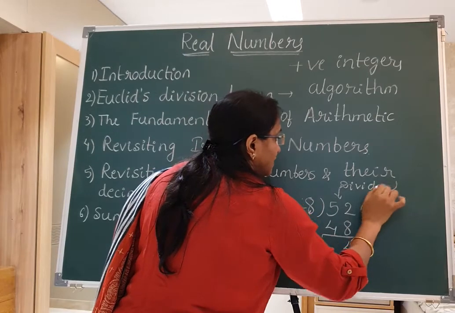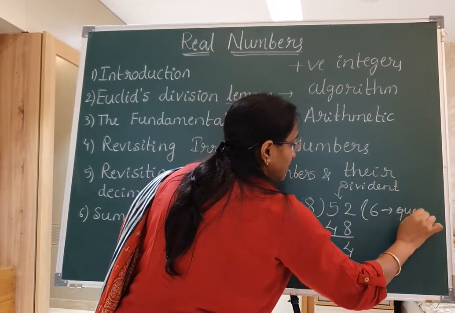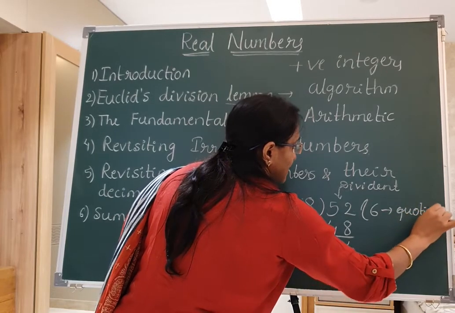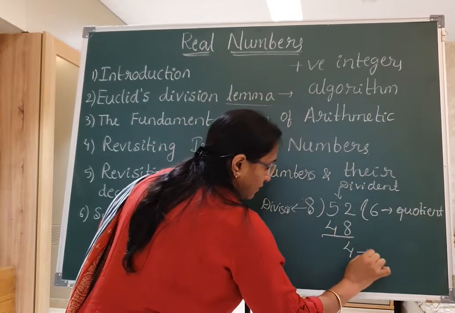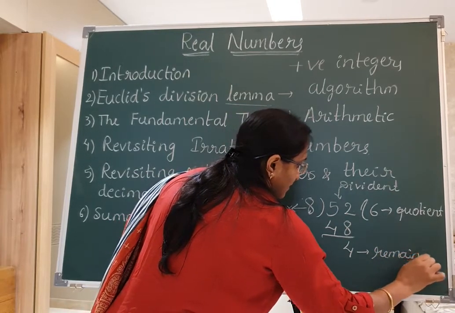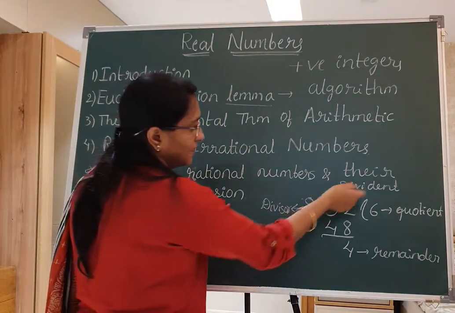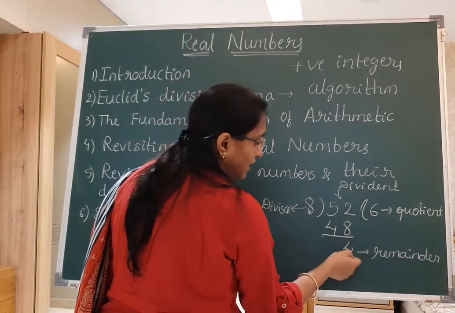You all know this dividend. This is the quotient. This is the remainder. I have taken this example so that we can easily understand what the divisor, dividend, quotient and remainder are.